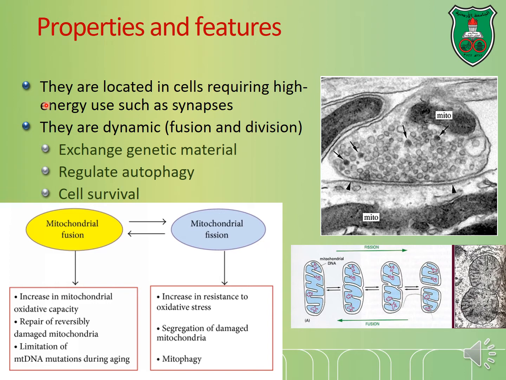Mitochondria overall are dynamic, so they're not static. Rather, they undergo fusion with each other. They can also undergo division, or what is called mitochondrial fission. Fusion would increase mitochondrial oxidative capacity.